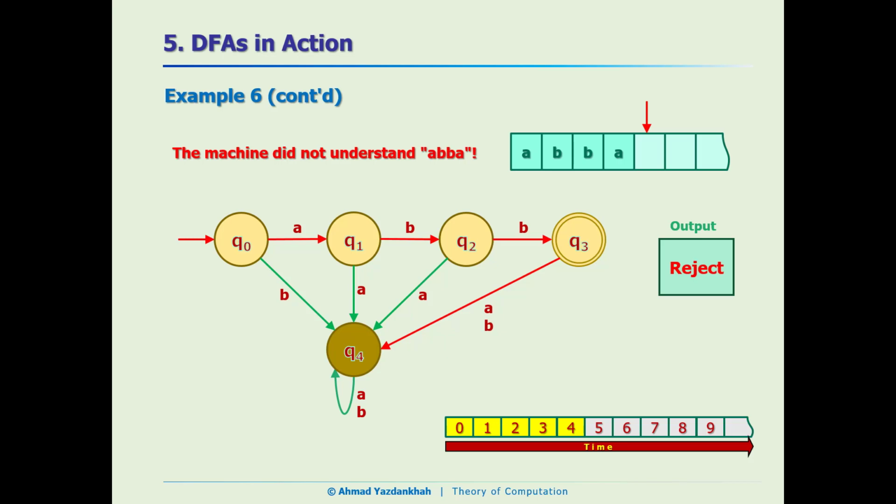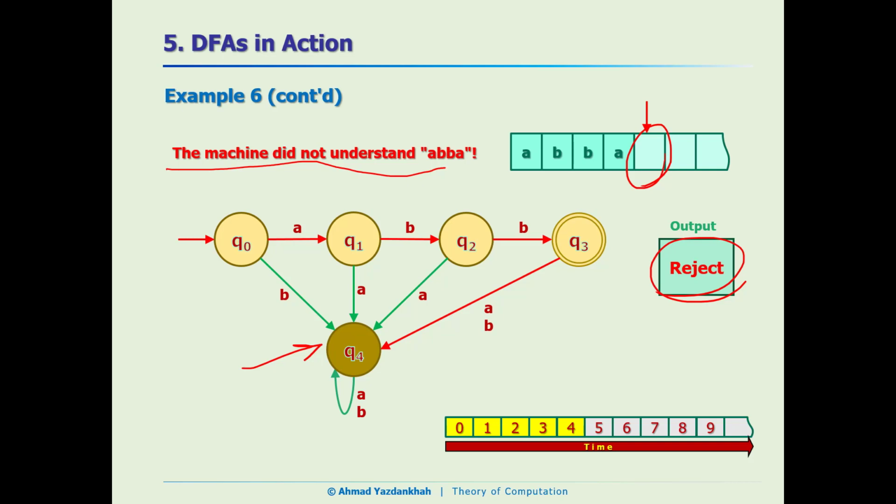This time the machine stopped because this is pointing to the empty cell, but it stops in a regular state. And that's why we say that the machine did not understand ABBA, and this output is not changed. So the machine rejected this string.